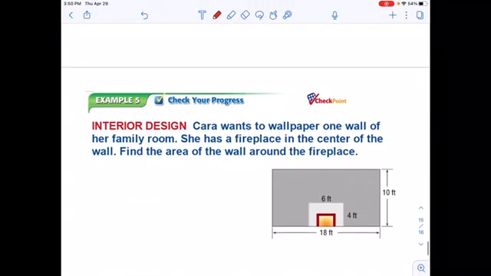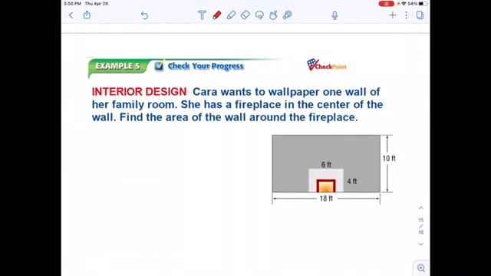And lastly, in interior design, Kara wants to wallpaper one wall of her family room. She has this fireplace in the center of the wall. Find the area of the wall around the fireplace. So we need to find the area of the gray shaded region. Same thing goes here. We can find the area of the whole thing.